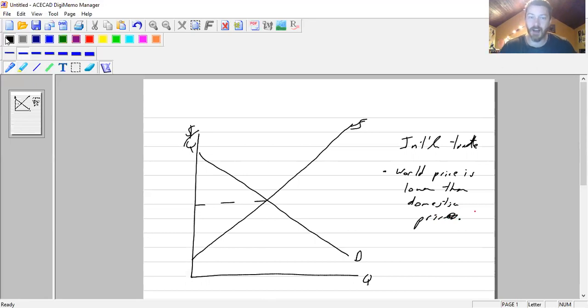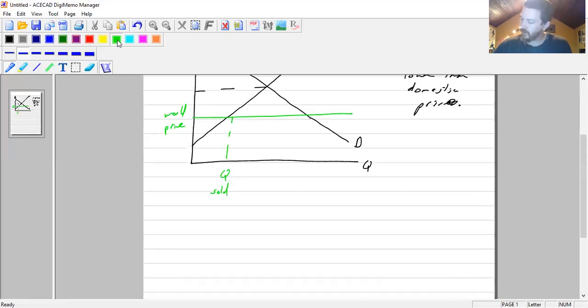This is just the complete opposite example that we went through before. This point here would be the domestic price if this market weren't open to international trade. We're going to say the world price is instead down here. World price. Okay. So here, there's the quantity sold. Here's the quantity purchased.